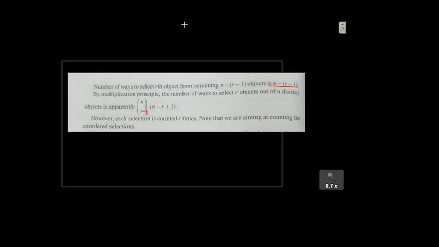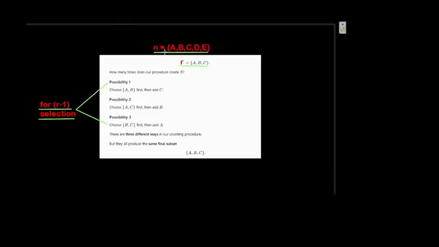For that, consider a simpler case where we choose n as the universal set, let's say A, B, C, D, E, and the subset r is A, B, C. By the principle, we choose the r minus 1 selection first and the remaining one selection next. Then r has 3 elements, so the r minus 1 selection has only 2 elements.